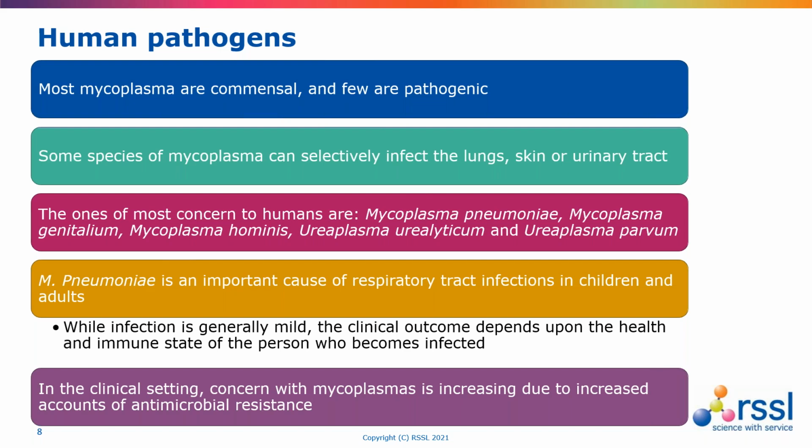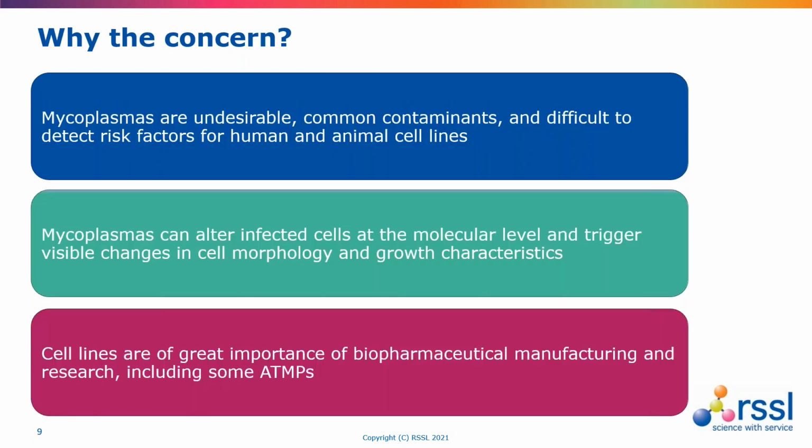And within the industry as well, mycoplasmas do present challenges. They are an undesirable but sometimes quite common contaminant in relation to human and animal cell lines. One of the reasons they present a concern is because they are difficult to detect.